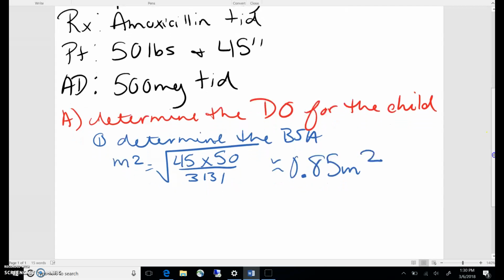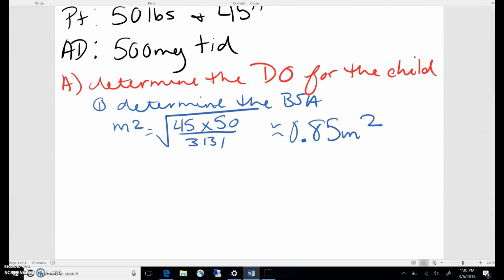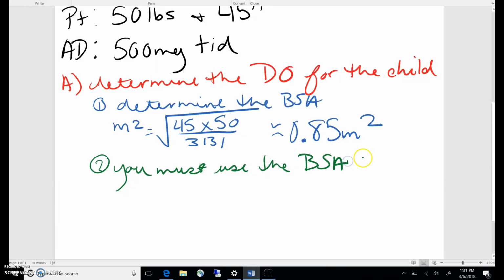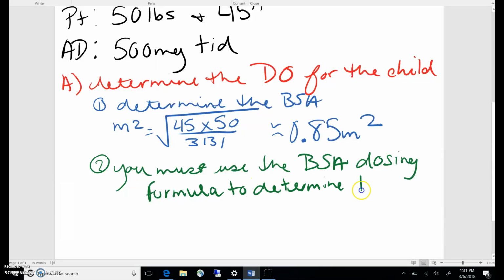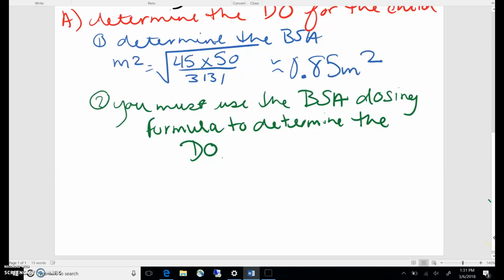Now that you have determined the body surface area, your second step is you must use the body surface area dosing formula to determine the dose order. I want you to make sure you write this down.